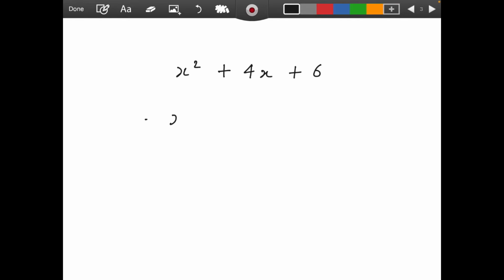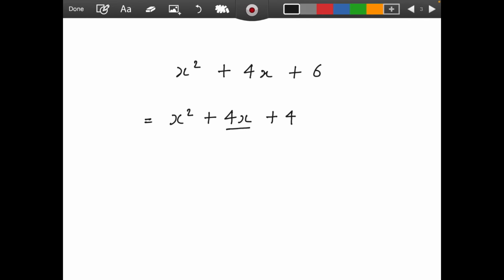So we'll write this as x² + 4x. Now what I want to do is make this a whole square, (x + something)². So I would try to use the formula for (x + a)². In order to do that, I need to take half of the middle term, which is 2, and write the square of it here.